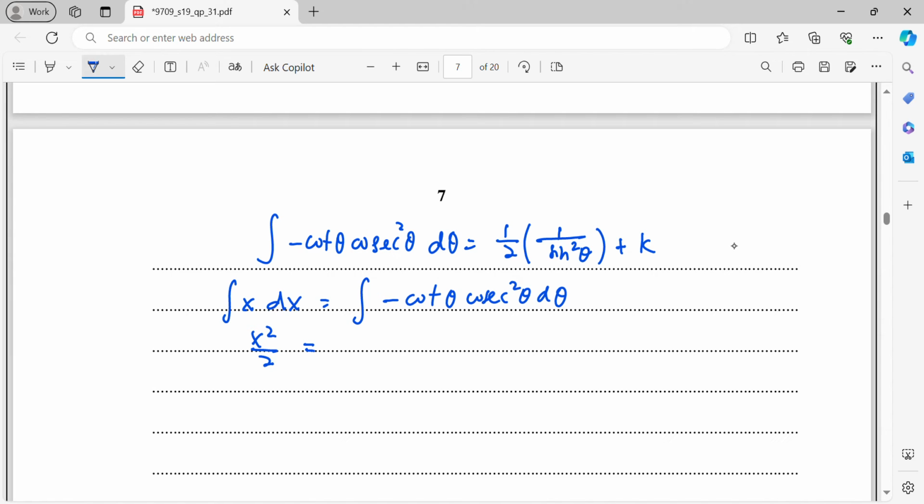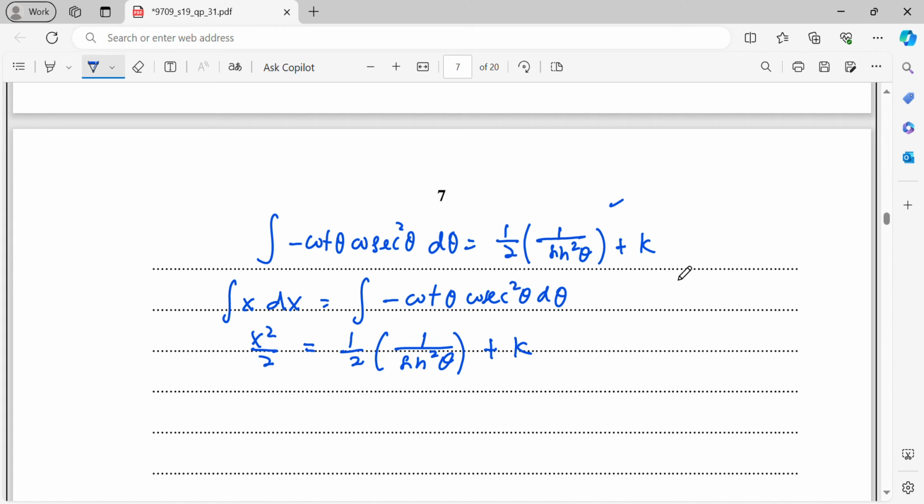For the right hand side, just copy this result. Because this is integration without limits, you should add c on the left and d on the right. The c and d can be simplified into k, because these are arbitrary constants. So that is half of 1 over sine squared theta plus k.